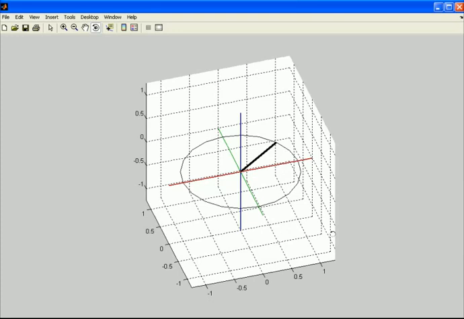As I'm increasing the angle theta, the angle from the x-axis here is increasing, which is causing our point, which is located at the end of this line here, to move around in a circle. So just by defining this one coordinate, the theta value, we can tell where our point is going to be in 3D space along a circular path.